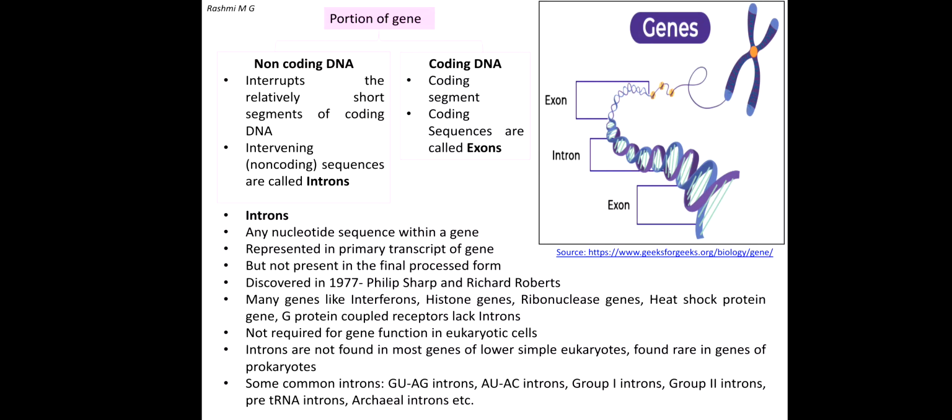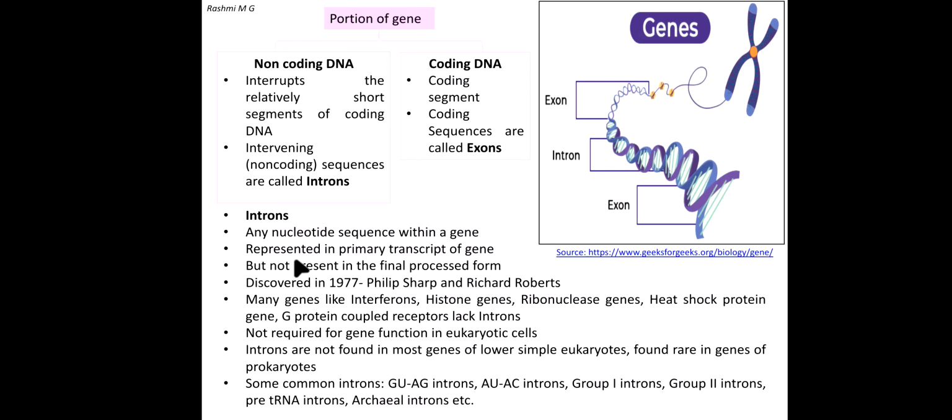You will come to know this process in future classes. Introns are present in the primary transcript of genes. Before removing, there will be the presence of introns. After that, these non-coding sequences are removed so that the coding would be easy and continuous.